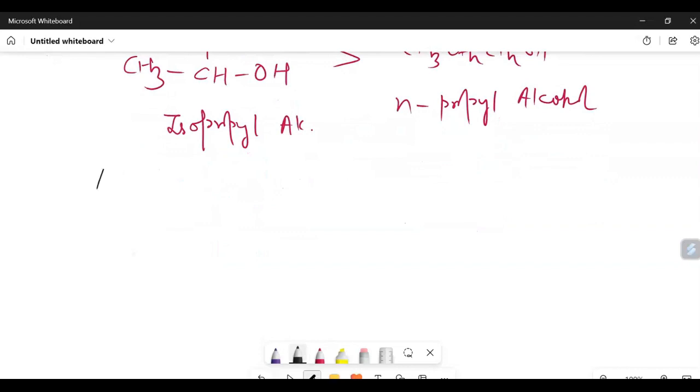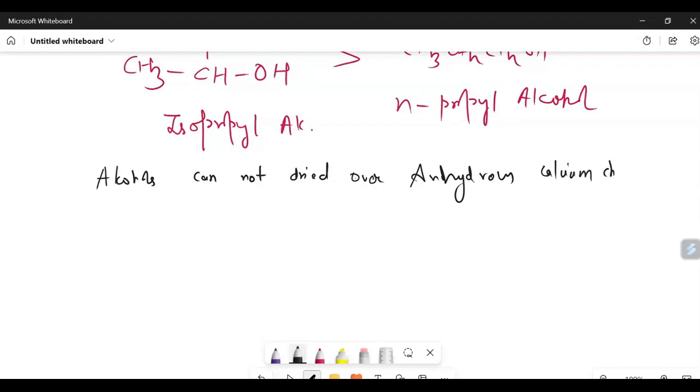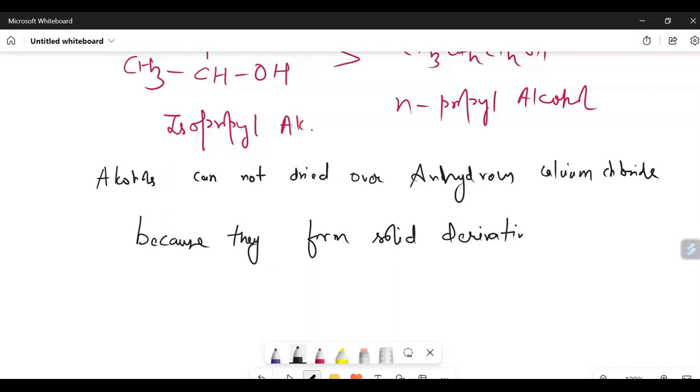The next point we are going to discuss is alcohols cannot be dried over anhydrous calcium chloride. अल्कोहल्स को आप ड्राई नहीं कर सकते हैं ओवर एनहाइड्रस कैल्शियम क्लोराइड because they form solid derivatives with CaCl2, CaCl2·4CH3OH.